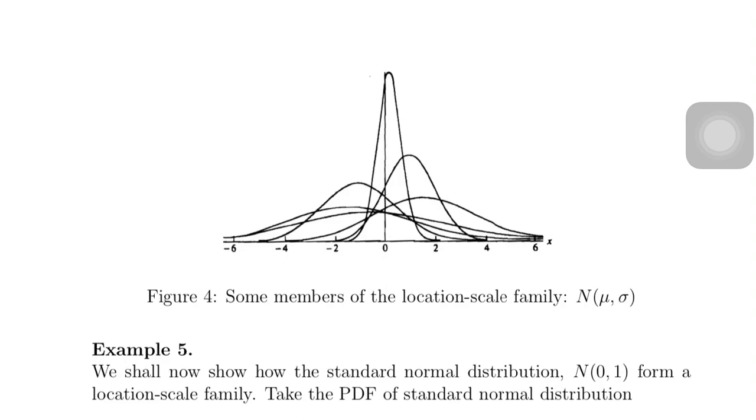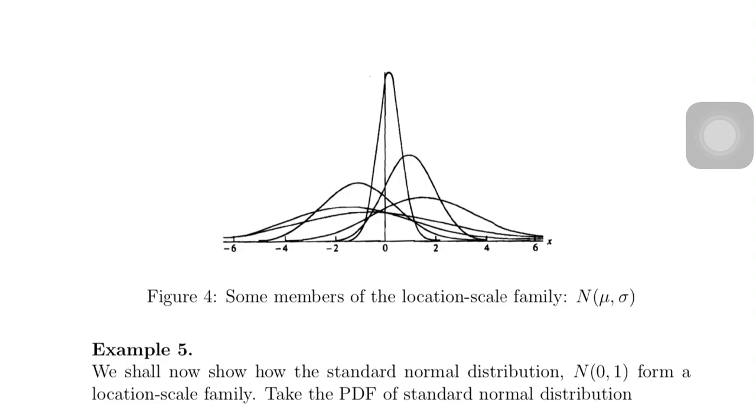ആൻഡ് യു ക്യാൻ സീ ദാറ്റ് ഈച്ച് കർവ് ഹാസ് എ ഷിഫ്റ്റ് rightwards or leftwards, and the curve have been stretched or contracted. Okay, so this is the influence of change of a location parameter and scale parameter in the family of normal distributions.